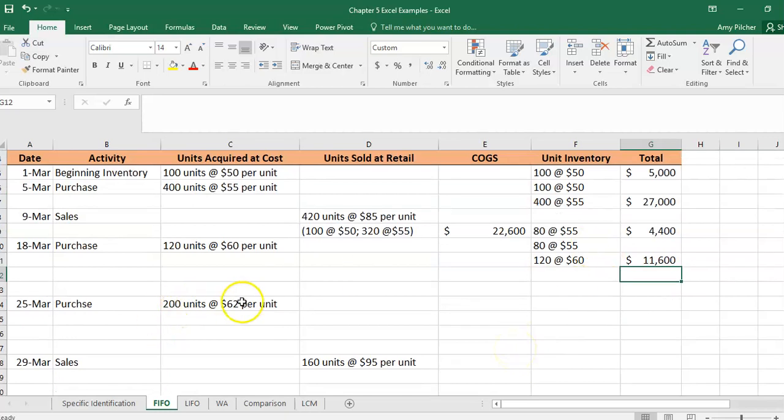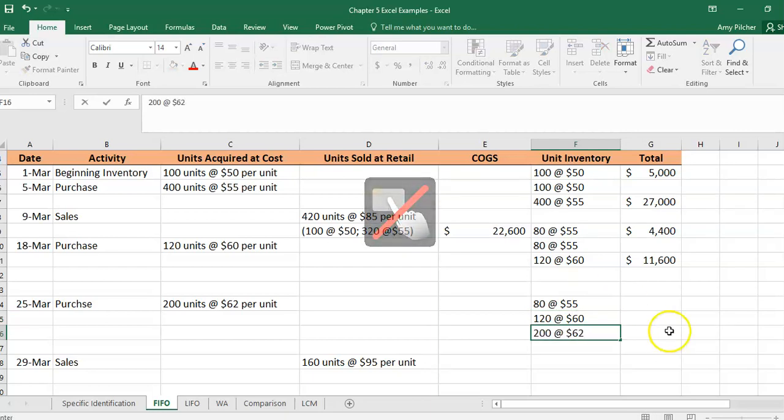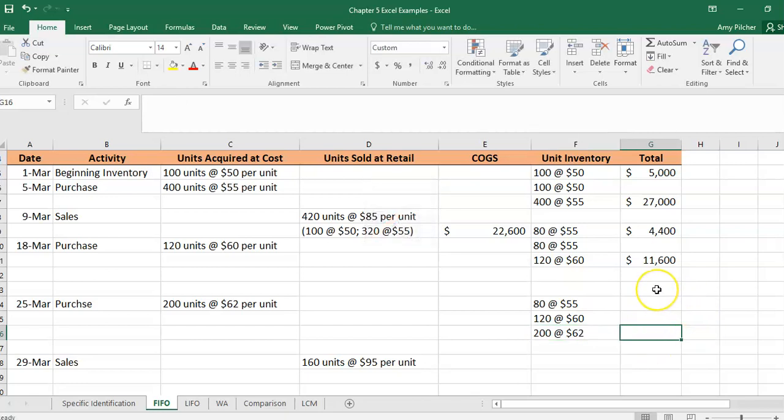We then purchased another 200 units at $62 per unit. So now we have 80 at 55, 120 at $60, and 200 at $62. So our inventory is this 11,600 plus 200 times 62, the ones we just purchased.